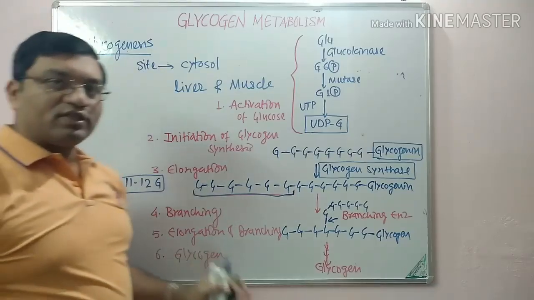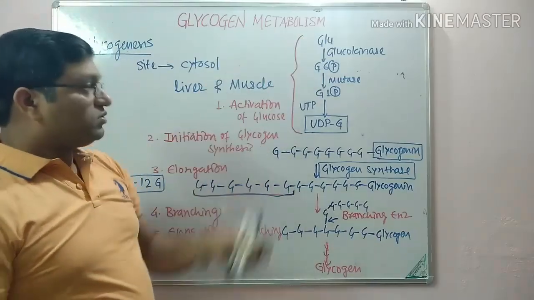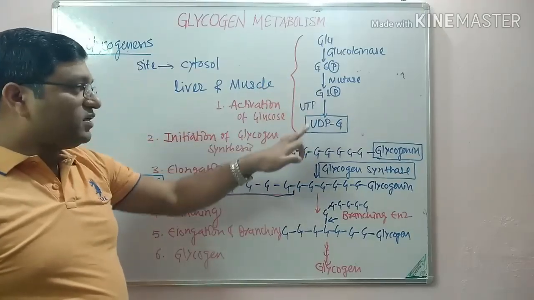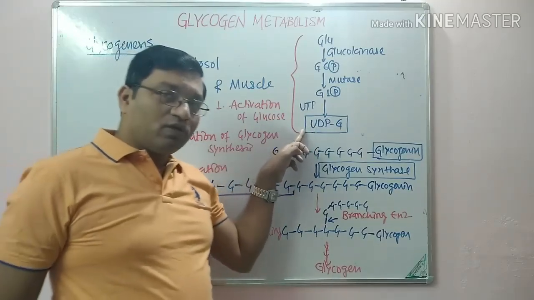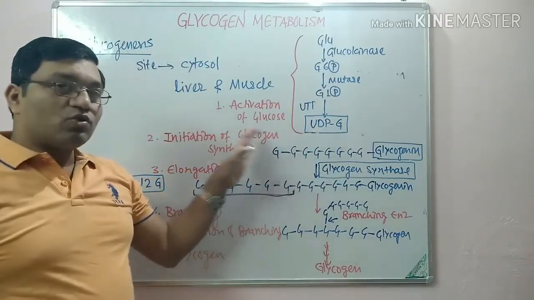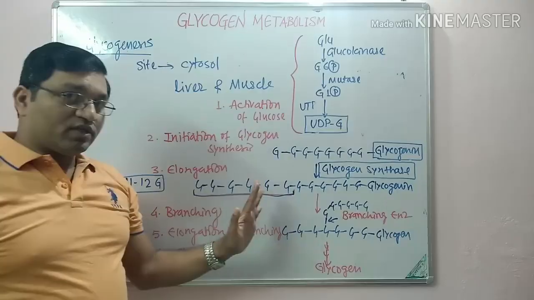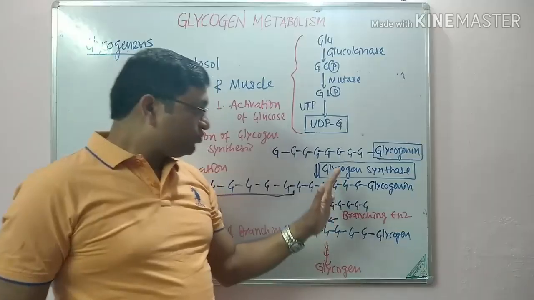So this is glycogen synthesis. I repeat, there is glucose which is converted into glucose 6-phosphate, glucose 1-phosphate. There is formation of UDP glucose, meaning activation of the glucose molecule. This UDP carries the glucose molecule. These glucose molecules are added successively to the glycogen primer. If there is no glycogen primer, then it is added to the glycogenin.